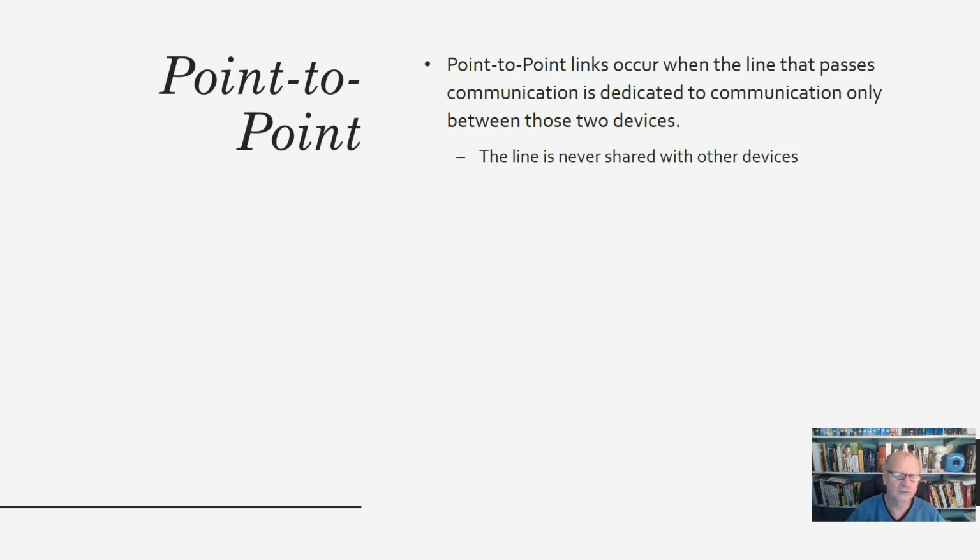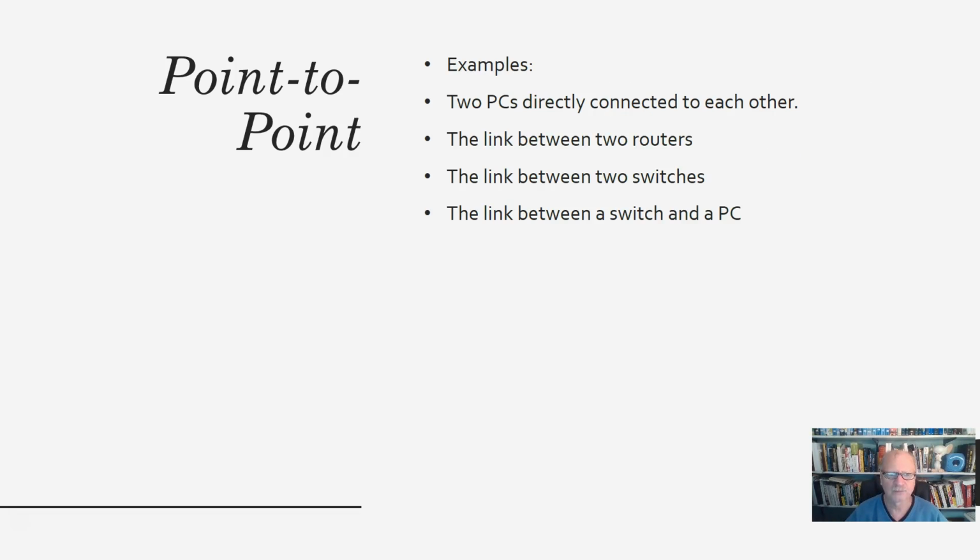That's an important concept here, because remember, we're talking about logical connectivity. It may be that there are places in between that the line is actually shared, but that traffic is never seen. The only traffic that either device ever sees is the traffic that the other device is putting out.